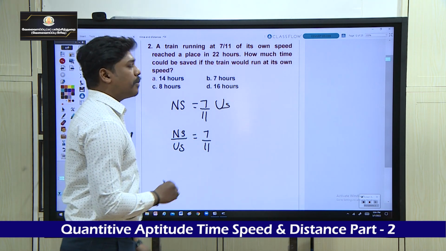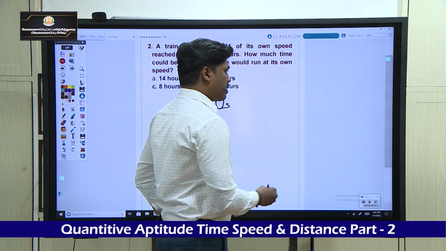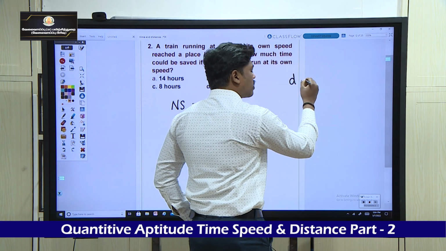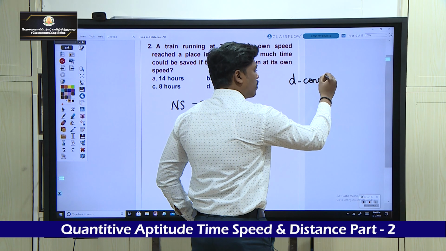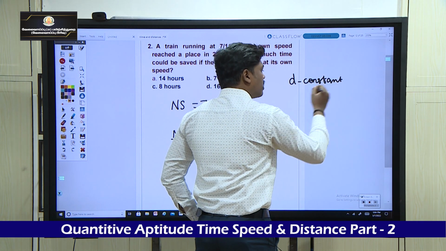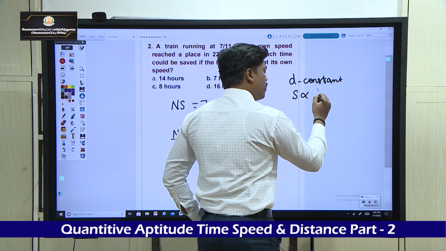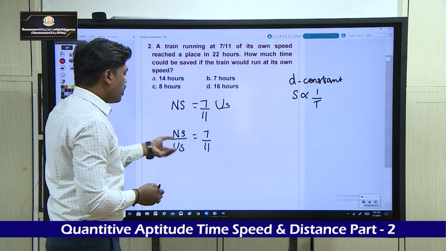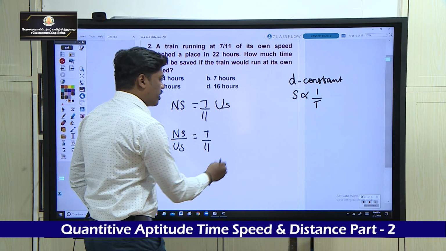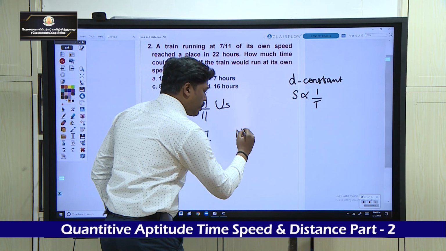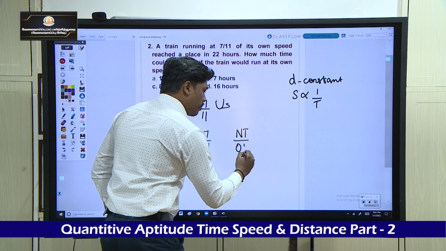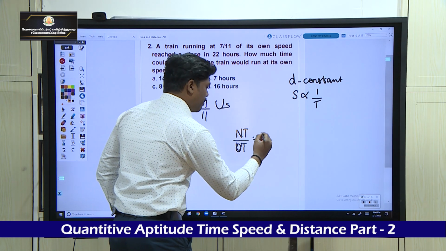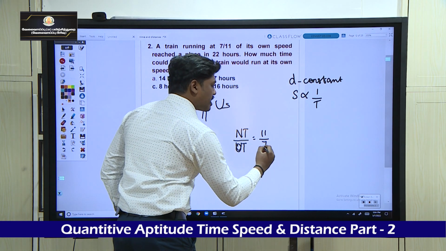They have not mentioned the distance, which means the distance is constant. So if it is constant, speed is inversely proportional to time. If new speed by original speed is 7 by 11, what can I tell? New time by original or usual time would be 11 by 7.